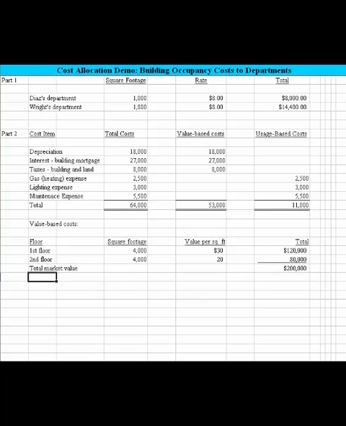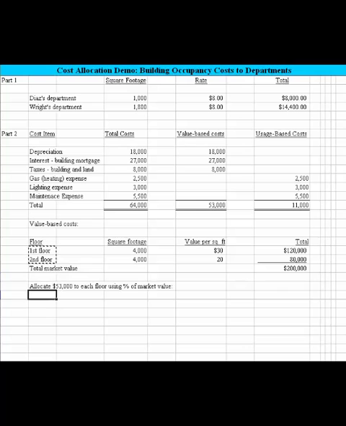Now, once we have that, we need to allocate that 53,000 approach, the value approach, based on market value. Really, it's percent of the market value. Okay, so what would we do here?